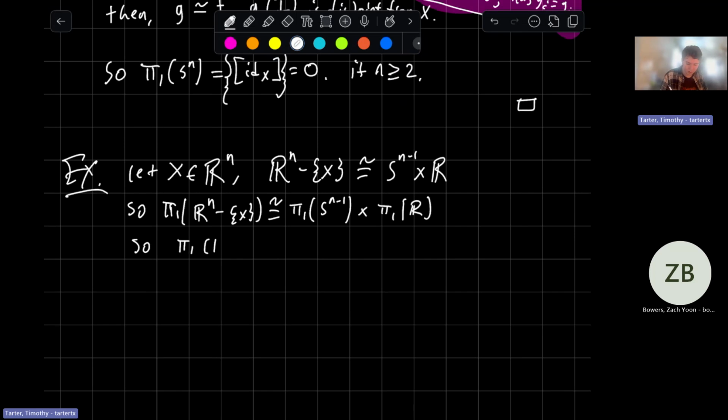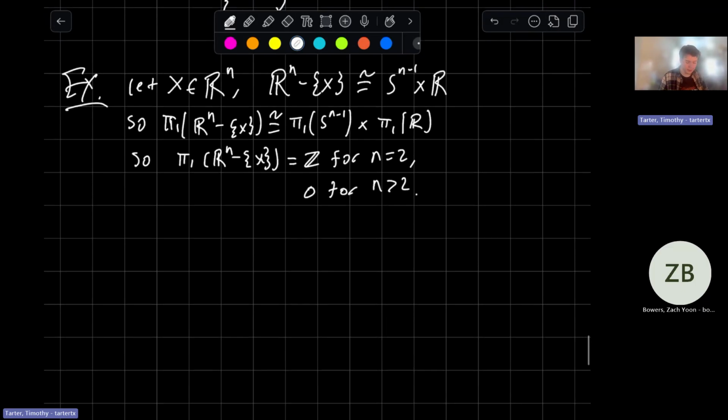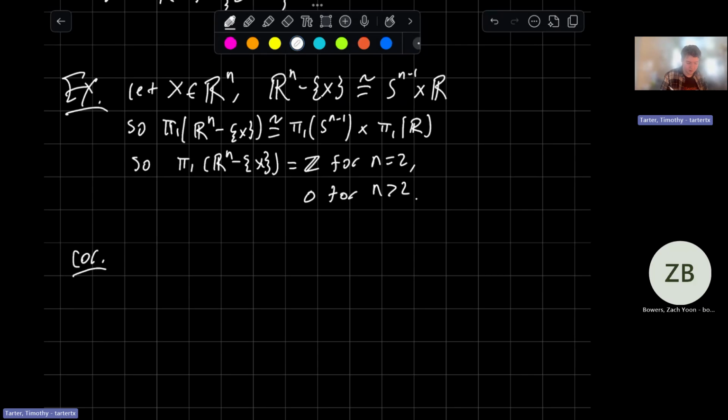So pi 1 of R^n minus X is Z for n equals 2, and 0 for n greater than 2. And then an application of this is that R^2 is not homeomorphic to R^n for n not equal to 2.